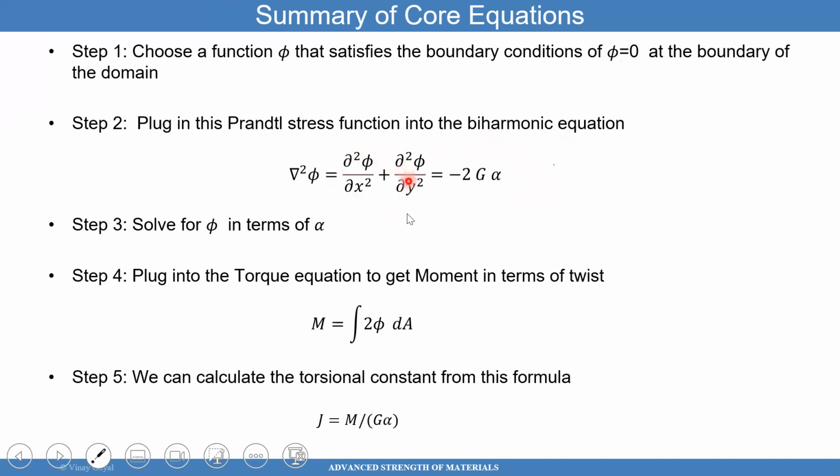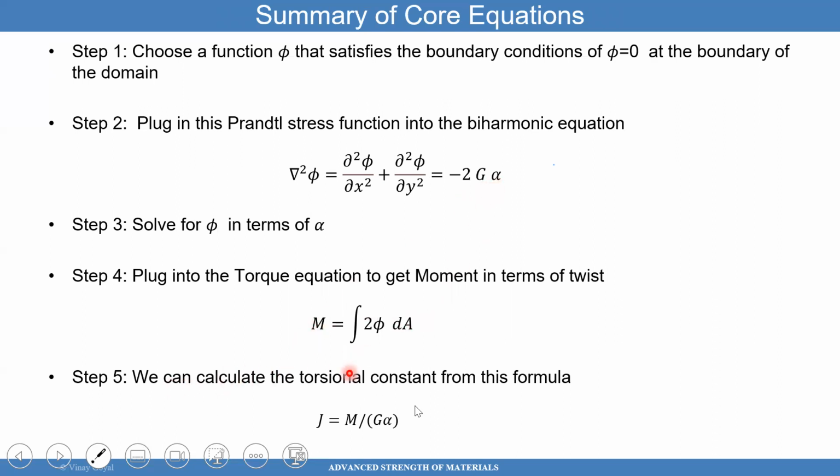Once you do that, you'll be able to solve for phi in terms of alpha, either by solving the differential equation or by some other technique. You can then plug phi into this equation here, where the torque equals the integral of 2 phi dA. And when you do that, you'll find a relationship between torque and alpha, the angle of twist.